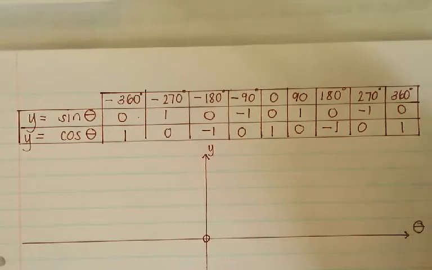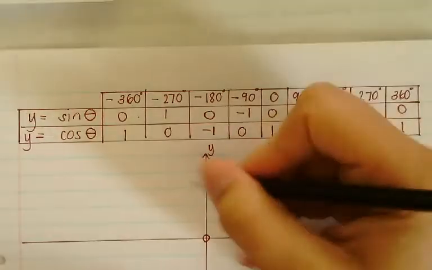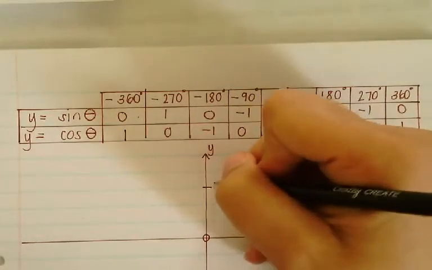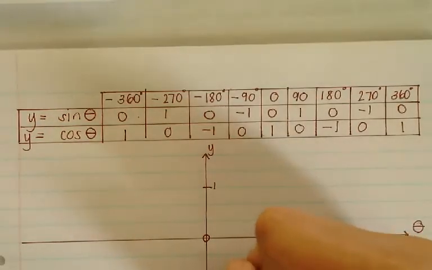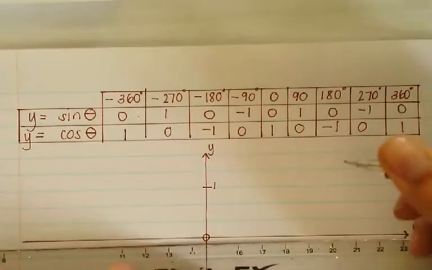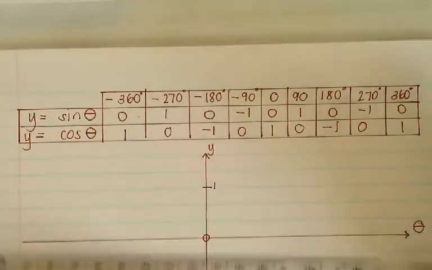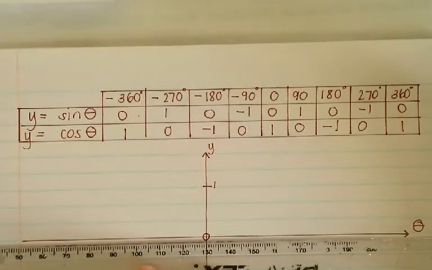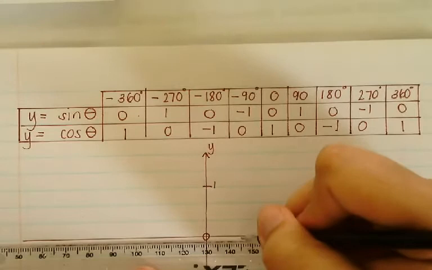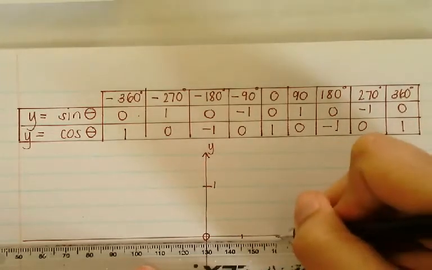Calling it theta, okay. So we're going to 1. I'm going to make it on my third line just so that it's as big as possible, and negative 1. On my x-axis, or my theta axis, I will still go 1.5, so it's just a little bit bigger. You can do 1 centimeter, it's fine.